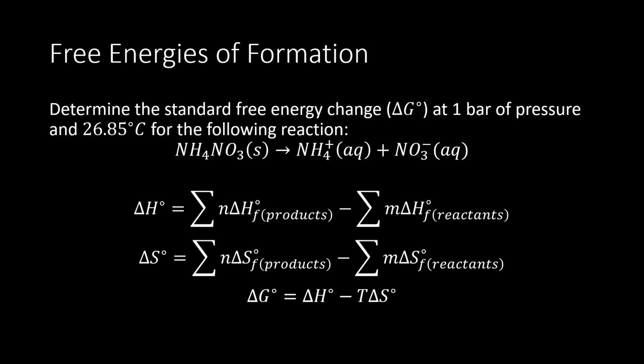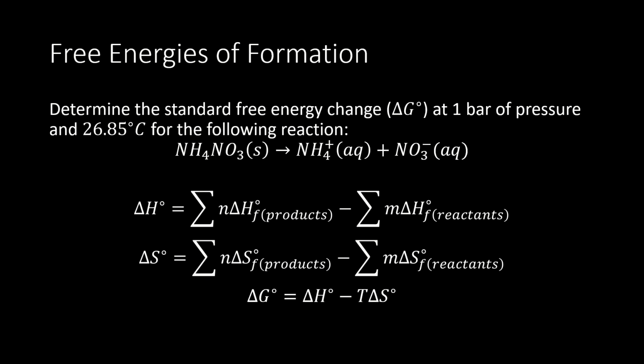So, just like in a first semester general chemistry course where usually we look at the enthalpy of formation, we can look at the formation of Gibbs free energy like so. Determine the standard free energy change. Because this is standard, this will be delta G naught at 1 bar of pressure and 26.85 degrees Celsius for the following reaction.